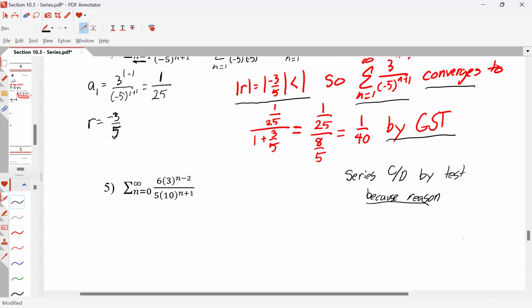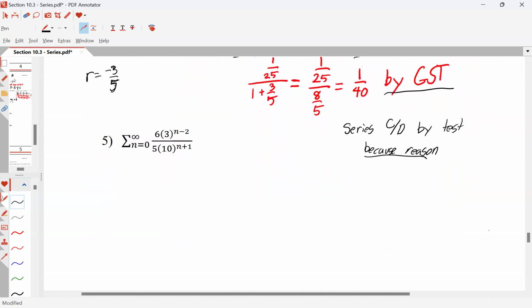And so our last example for these geometric series tests, not going to rewrite it at all, just going to use the quick method of the thing with the exponents, which is only the 3/10. So R is 3/10. Don't need to worry about any other values because those are not the things with the exponents of n. A is when I plug in the lower bound to that sequence.